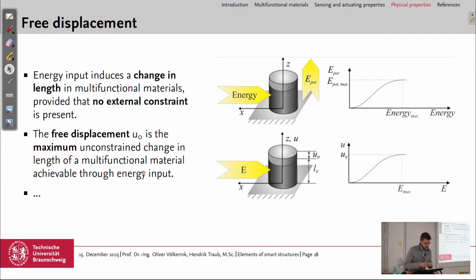So we have here this electrical transducer, and here is its original length L0, and then if we increase the potential energy by supplying, for example, electric energy through an electrical field, then this transducer will extend by U0, which is shown here, so it elongates quite a bit, and we have no external constraints.